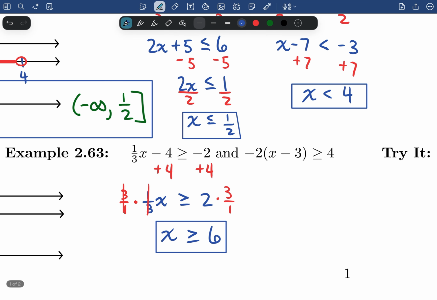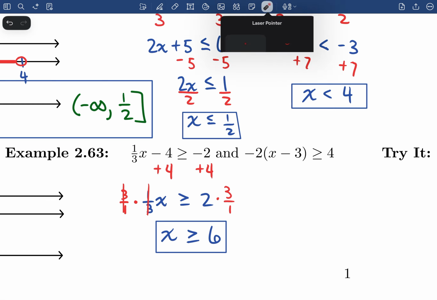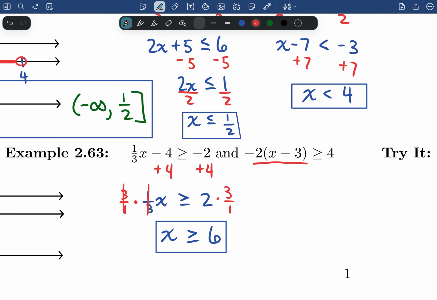Looking at the second inequality, I would divide -2 first. Since the only variable value is in the parentheses, I'm not going to distribute this -2. I'm going to divide it out. Okay? And when you divide by a negative number across an inequality, your brain should tell you at this point, based on our last lesson, that we have to flip the inequality symbol's direction.